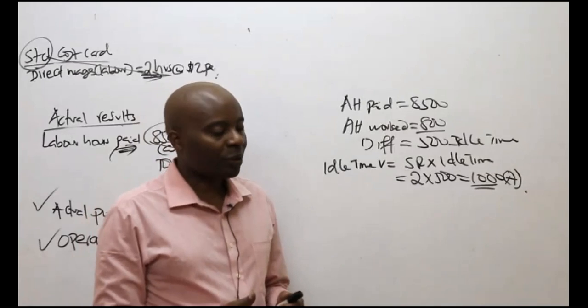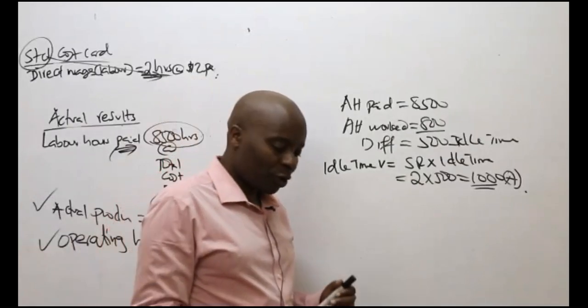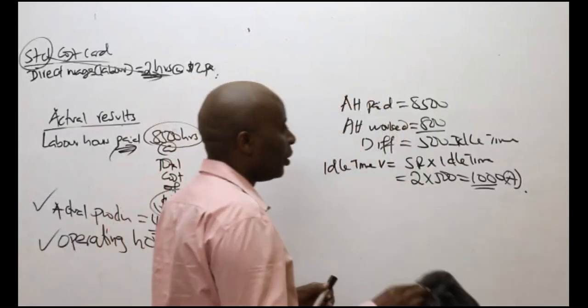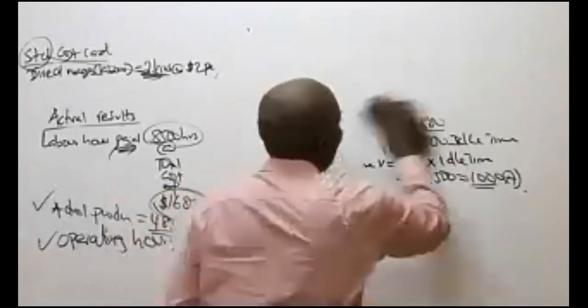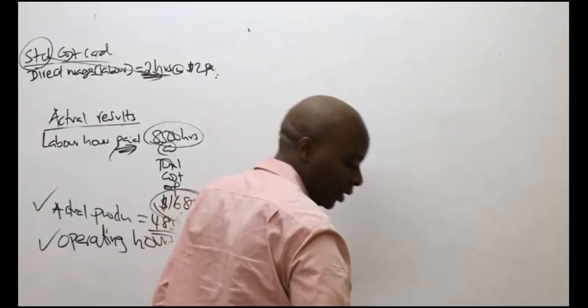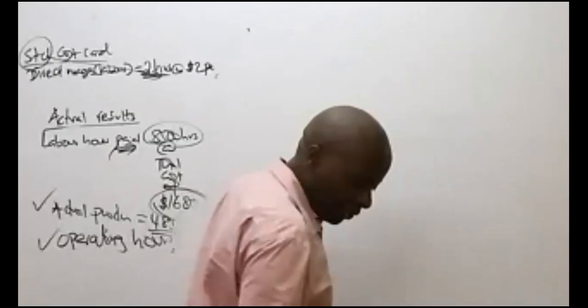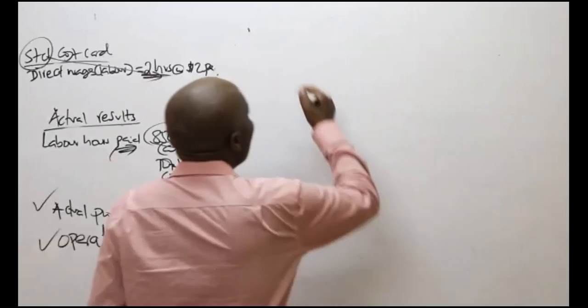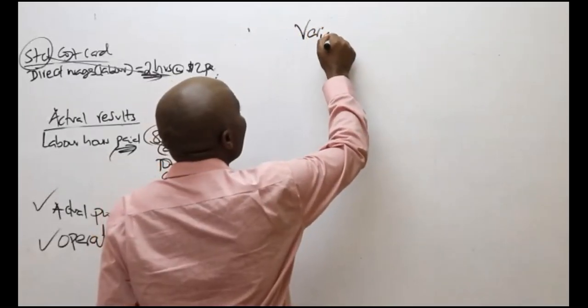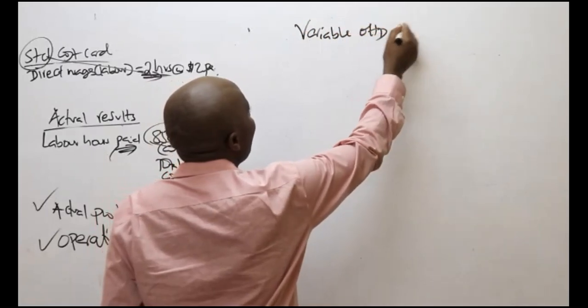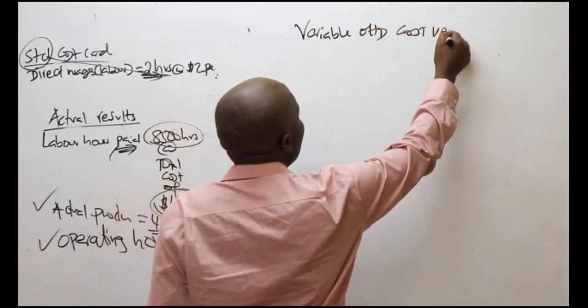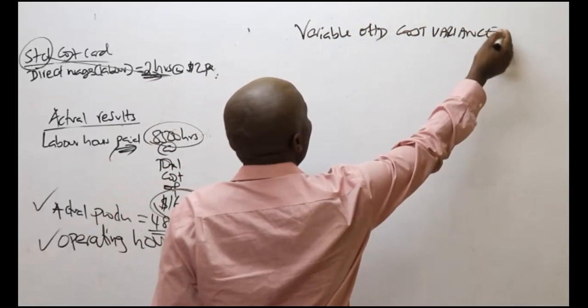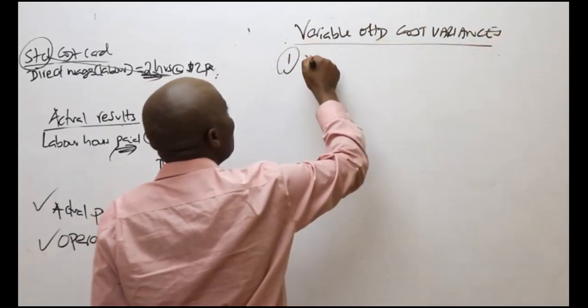It's okay now. Thank you very much. So now we move straight away to the variable overhead cost variances. Variable overhead cost variances are two.